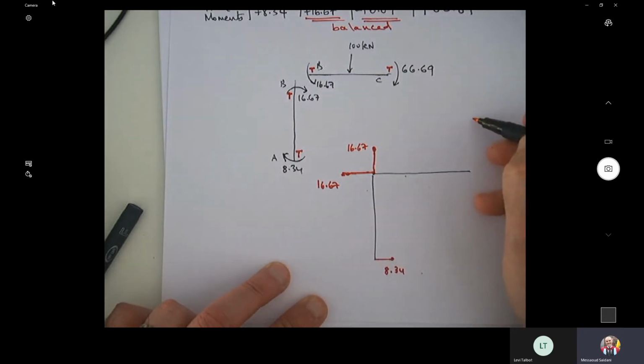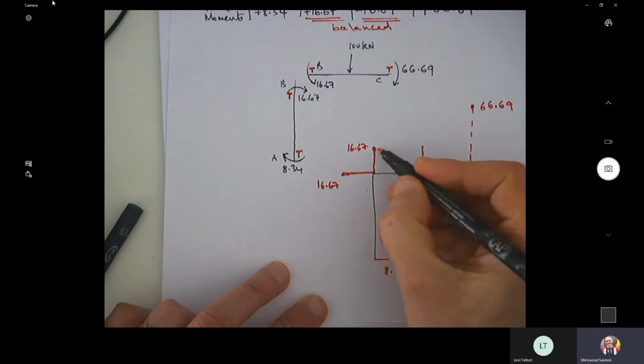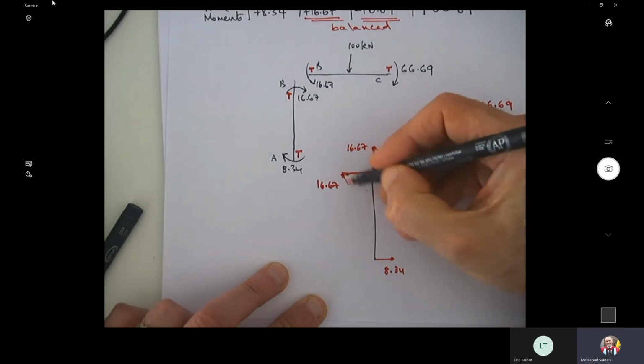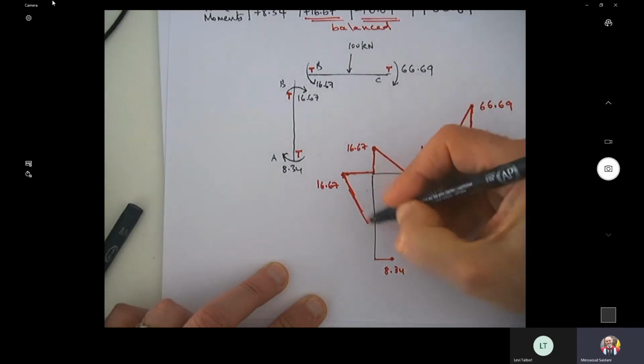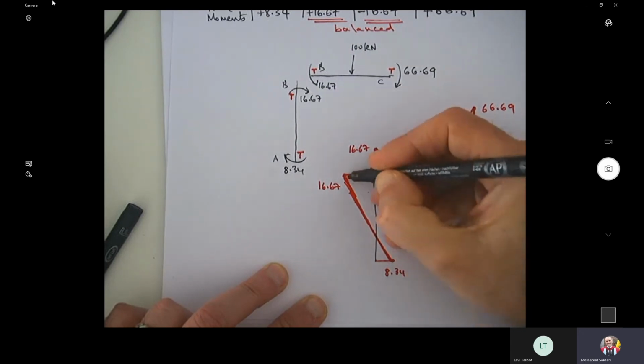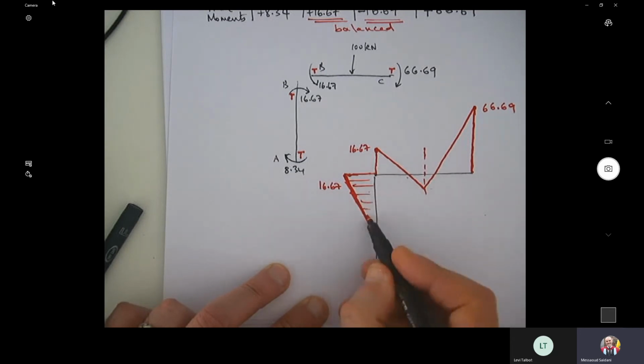And we have 66.69 on that side there, okay? And then you have the point load in the middle. So your bending moment diagram will look like this. And it's linear, okay? And that's the bending moment diagram.